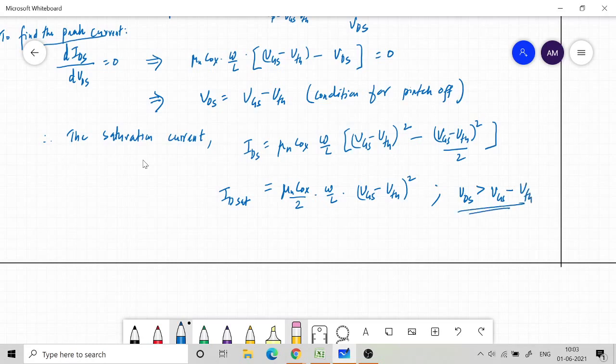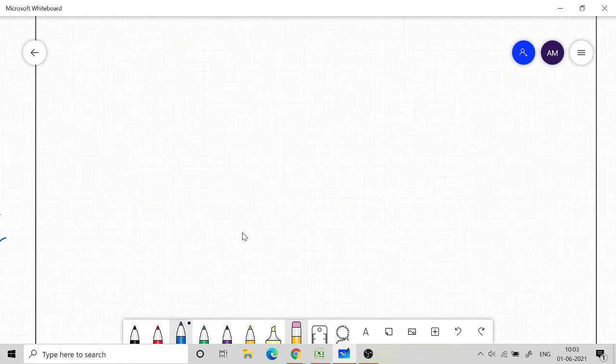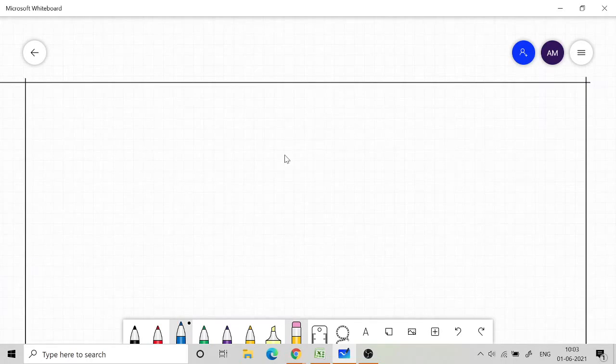Under that assumption, combining the different regions of operation, we can now combine the current expressions and write a single equation. So IDS is equal to 0 when VGS is less than VTH.